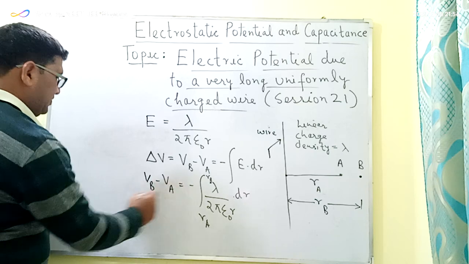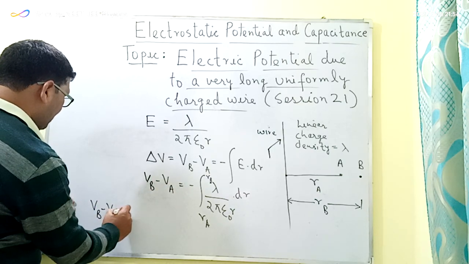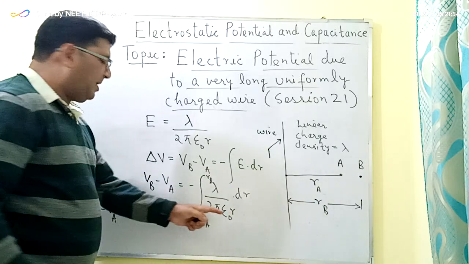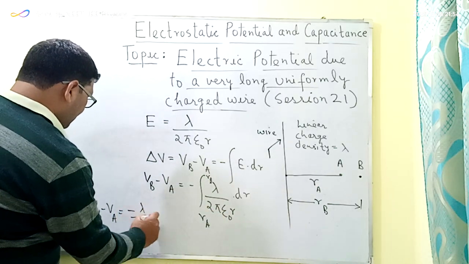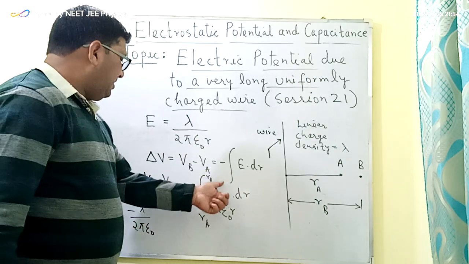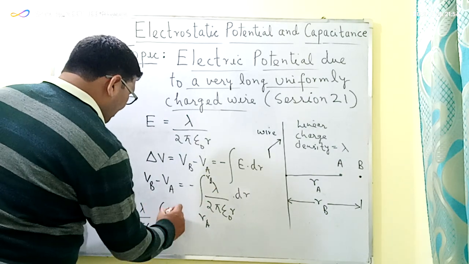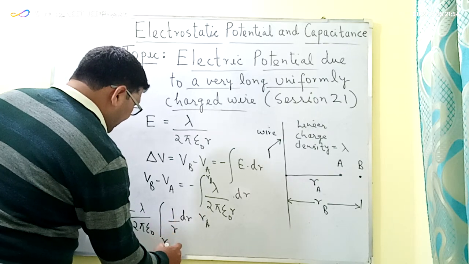So from this equation, VB minus VA will be equal to, now here lambda is a constant, 2 pi epsilon naught is also a constant, so minus lambda over 2 pi epsilon naught, and we will be getting here the integration of 1 upon r dr within the limits of RA and RB.